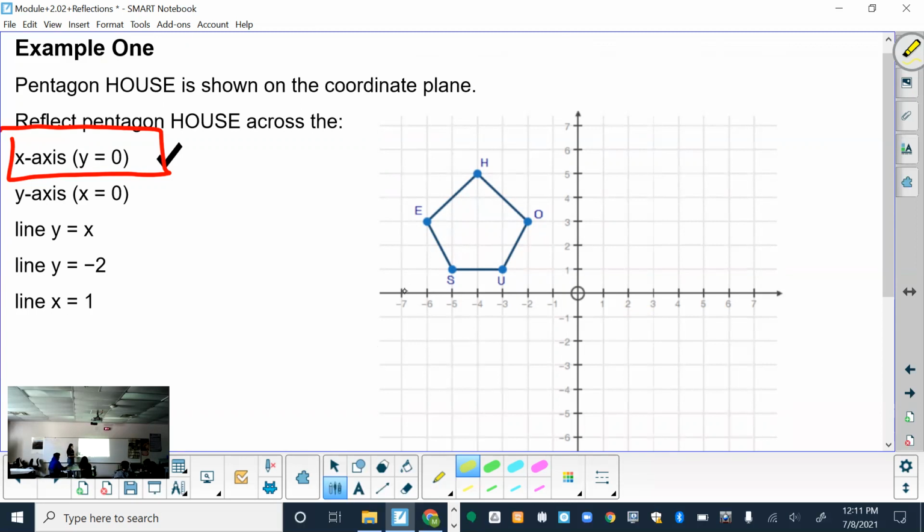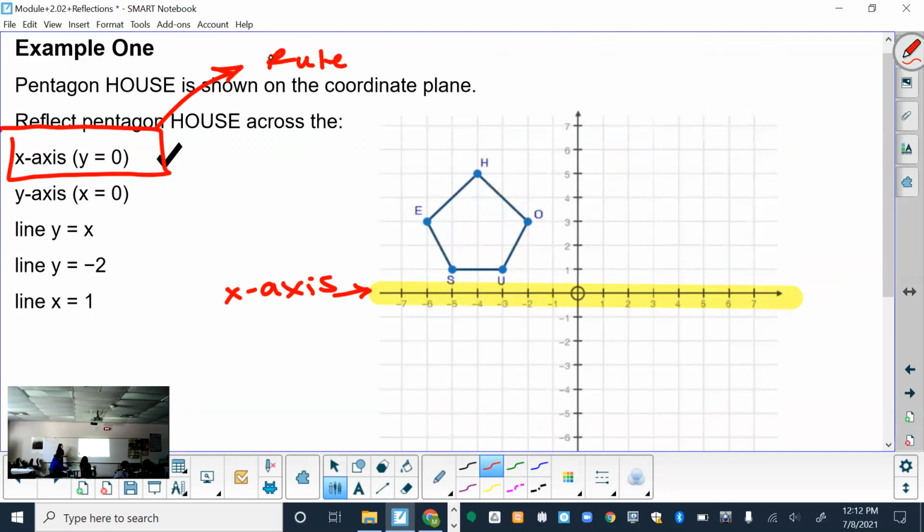And it's this big line. So my x-axis is right here. If I'm reflecting it across the x-axis, there's a specific rule that we use for that. What rule is it? Flip back to when we went over the rule earlier.